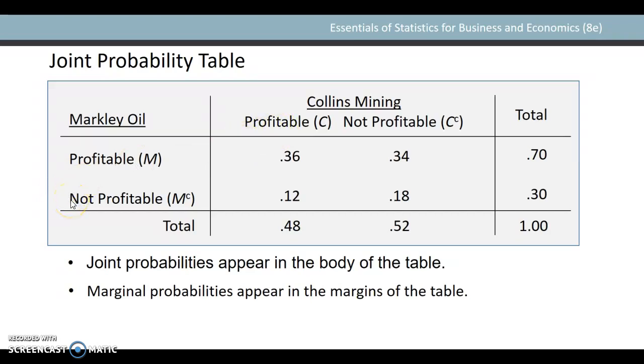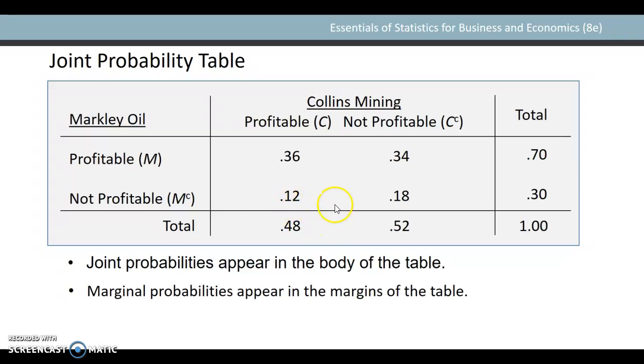Going down here, if Markley's not profitable, we didn't work on any of those. You can see that's M superscript C. That is the complement to profitability. You're either profitable or you're not. Breaking even would probably count down here. Markley is not profitable and Collins is, there's a 0.12 probability here.